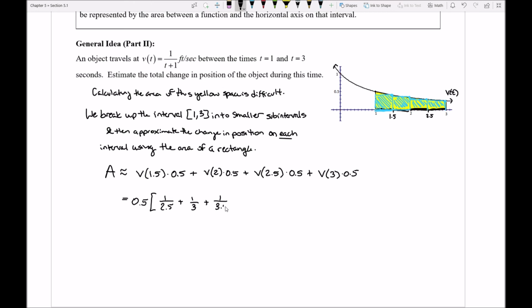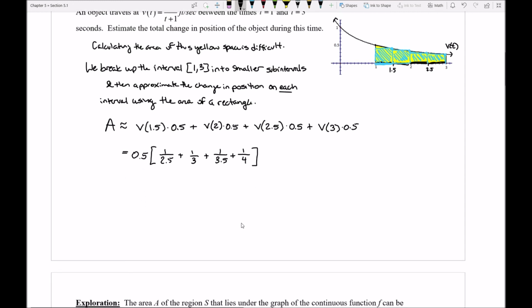Then 1 over 3.5. And then finally 1 over 4. Now, if I was to simplify this all the way, and you could use a calculator to help you with this, these can be turned into the following fractions. This would be 2/5. I have 1/3 here. This would be 2/7, and this is 1/4.